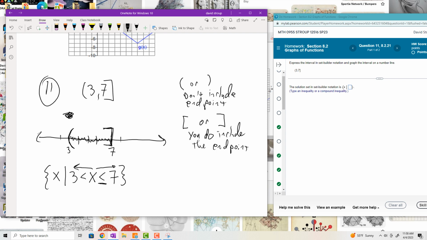Okay, so this is read as the set of all x. The set is this symbol, so that's the set of all x. And then the bar means such that.